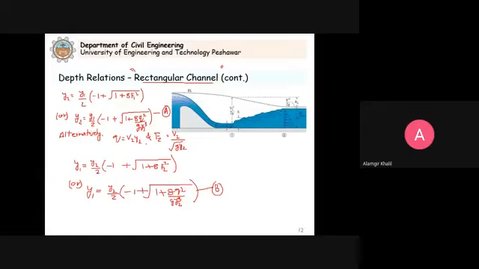Now to continue with this, as we already know that there is the head loss. If we want to calculate the head loss caused by the jump, you can see the drop in energy from section 1 to section 2.